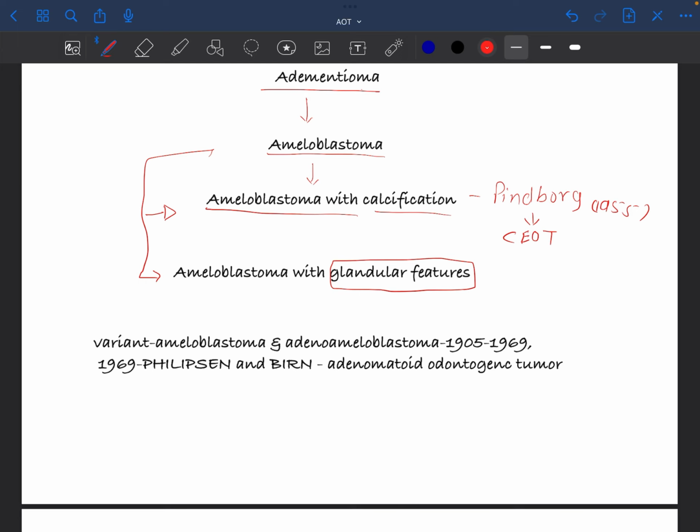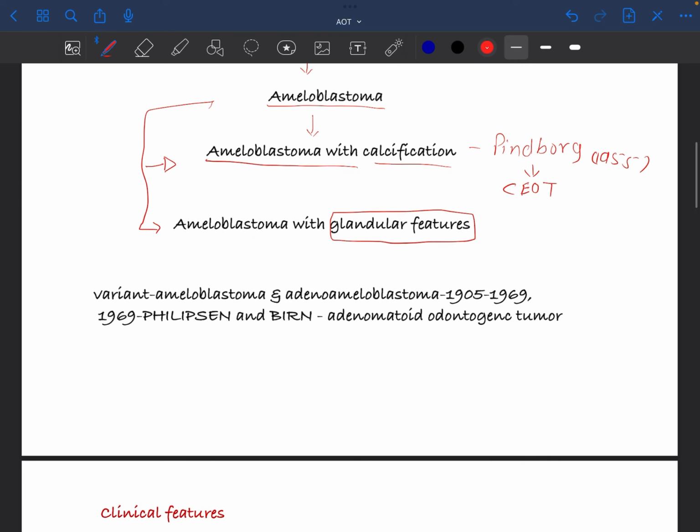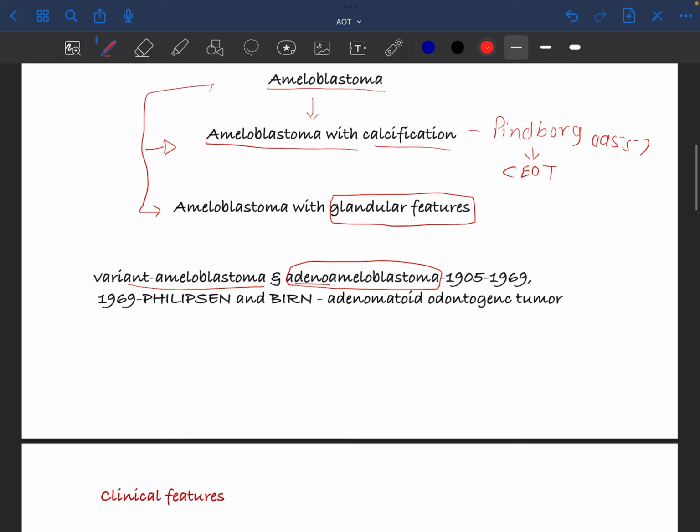Radiographically and clinically they represent ameloblastoma, but on histology there are certain features of glands in it. That's why this variant was known as a variant of ameloblastoma or adenoameloblastoma. Adeno, they just added the name of the glandular features.